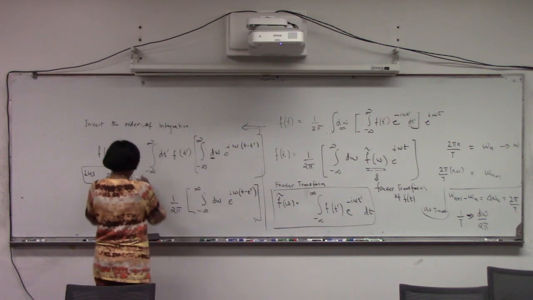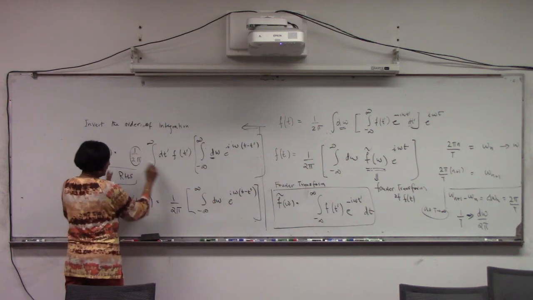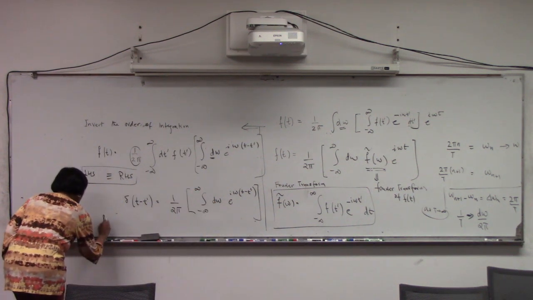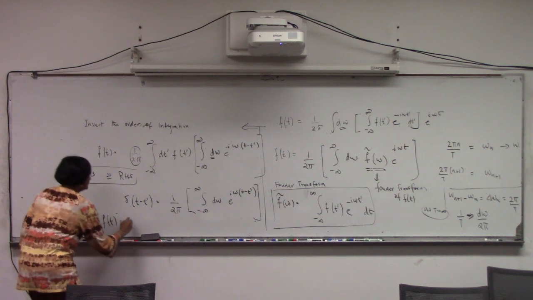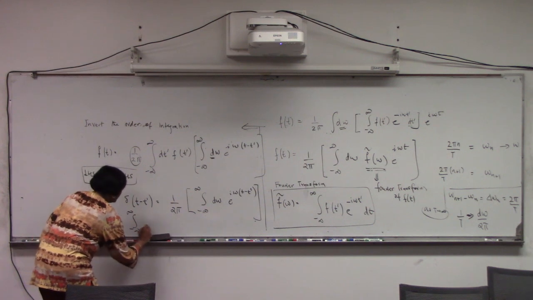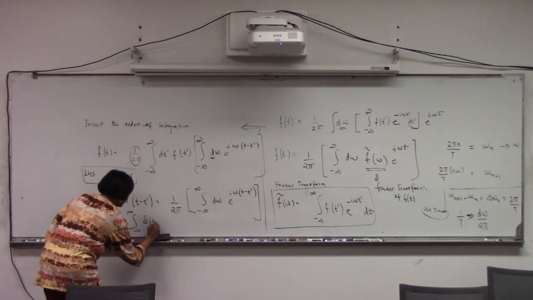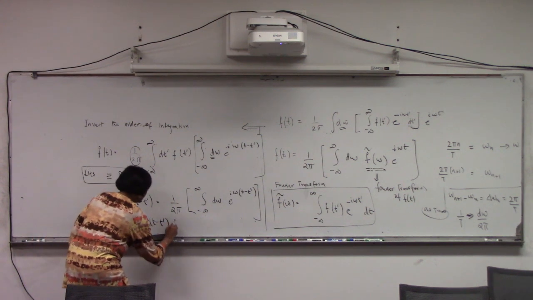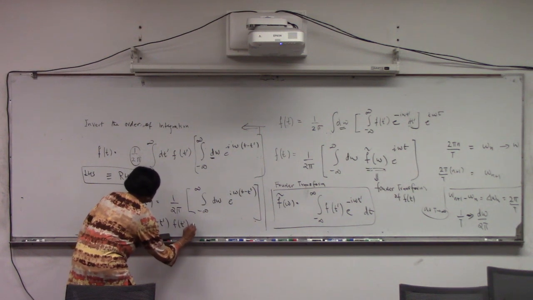So literally I put this 1 over 2 pi, then I have f of t, which is nothing but the integral from minus infinity to plus infinity of the Dirac delta function times f of t prime dt prime.